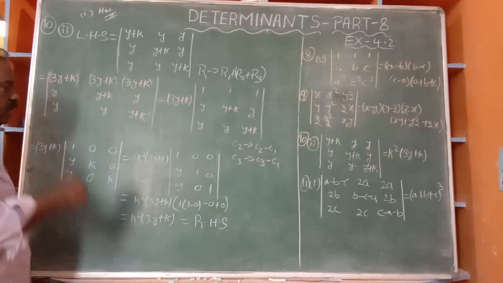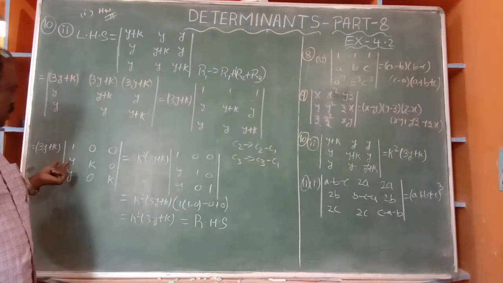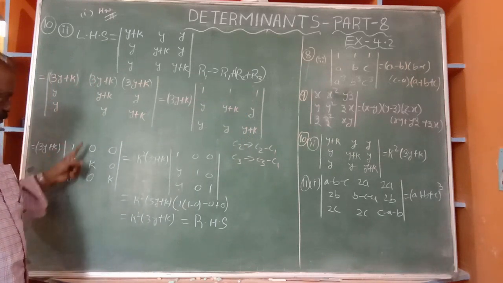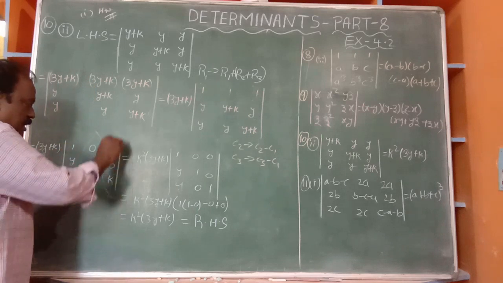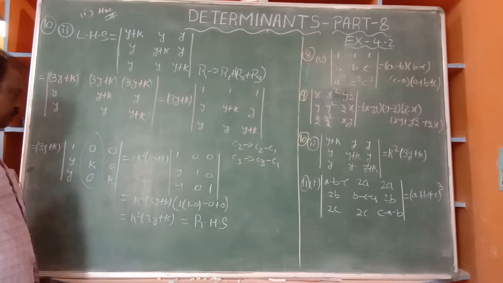Here also one more thing. In the second column, you see k is common. In the third column also k is common. 0 means 0 into k, so k is common.